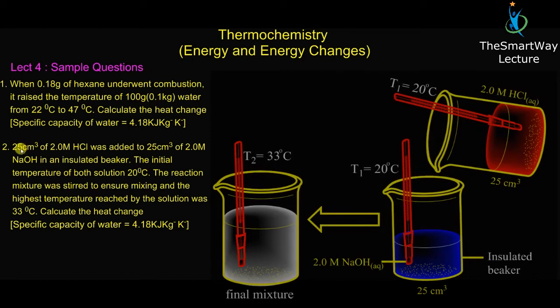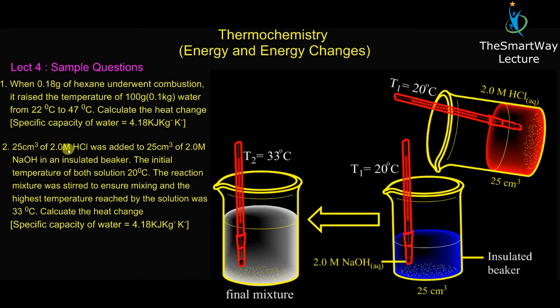Here it is: 25 cm cube of 2 molar HCl was added to 25 cm cube of 2 molar sodium hydroxide in an insulated beaker. This is to prevent any heat loss, to make sure that all the heat is maintained in the system after the acid comes into contact with the base.